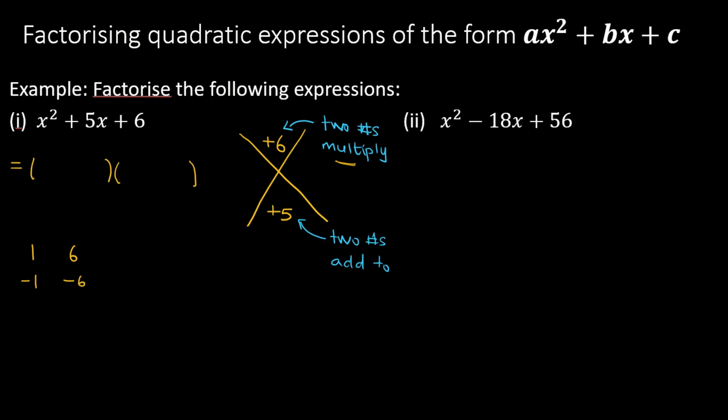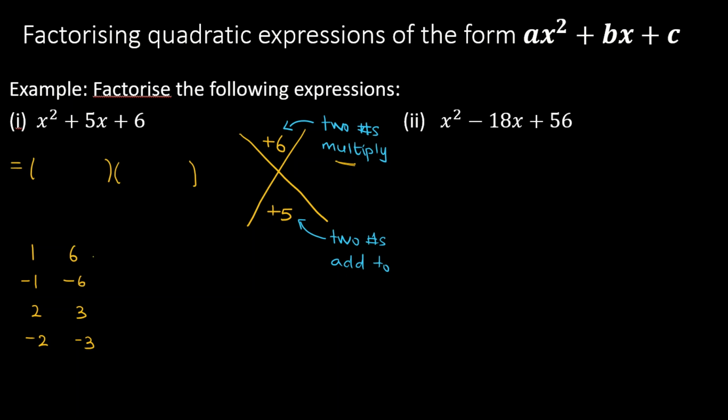The third possibility, 2 times 3. The fourth possibility, negative 2 times negative 3. Do we have other possibilities? No. So these are the possible combinations. When we multiply, it gives positive 6.